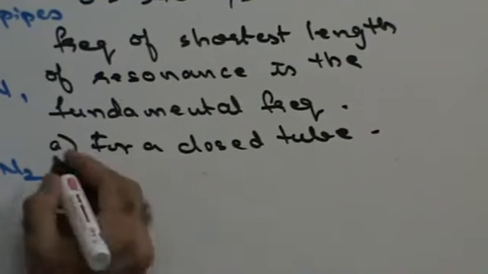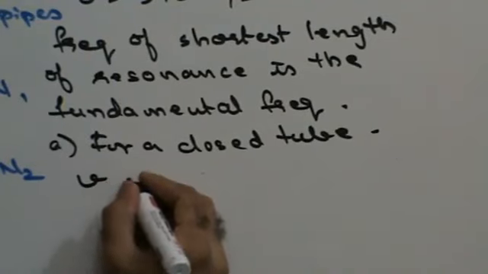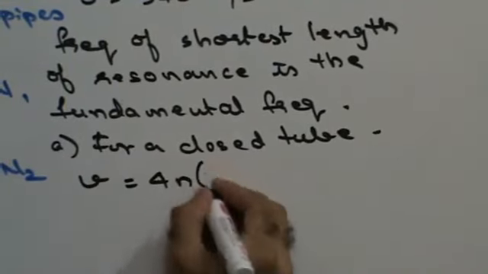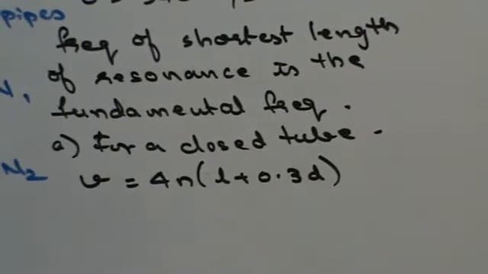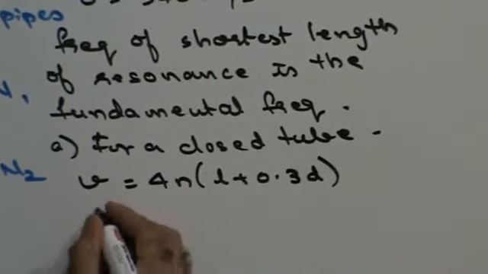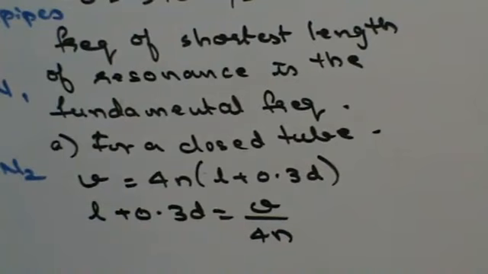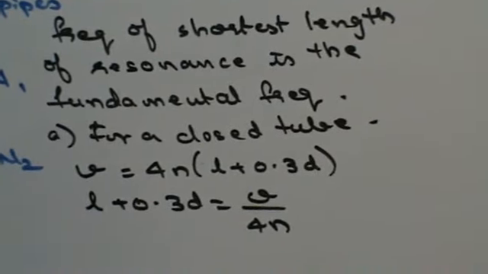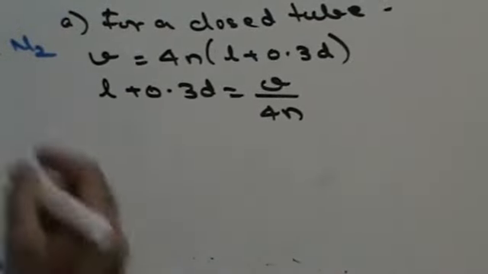So for a closed tube, V is nothing but 4N times L plus 0.3D if I'm using the end correction, where N is my fundamental frequency and 0.3D is my end correction. Therefore, L plus 0.3D is V upon 4N, right? Frequency is given to me, velocity is given to me, D is given to me. I should be able to get the length. All the values are given to me, right?